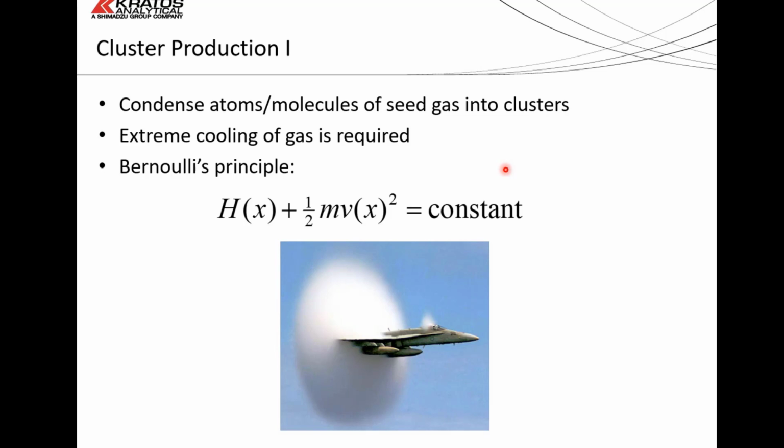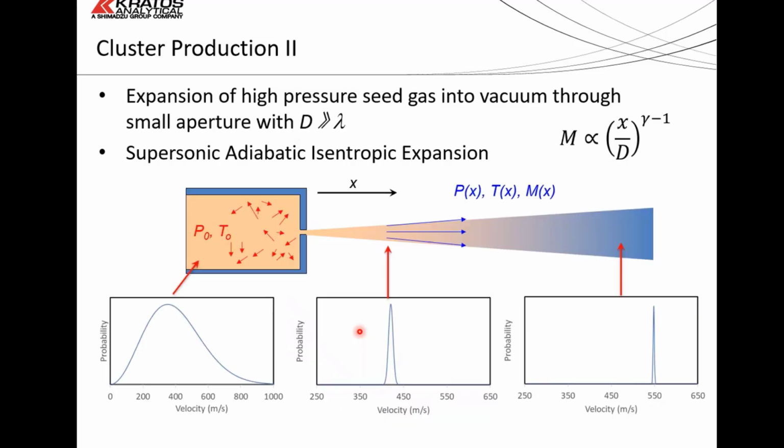That's illustrated by this picture from Wikipedia of how, in this case, water in the air is condensing, is freezing as a result of being imparted this momentum. Okay, so this is just illustrating the principle of how we form our supersonic adiabatic expansion.